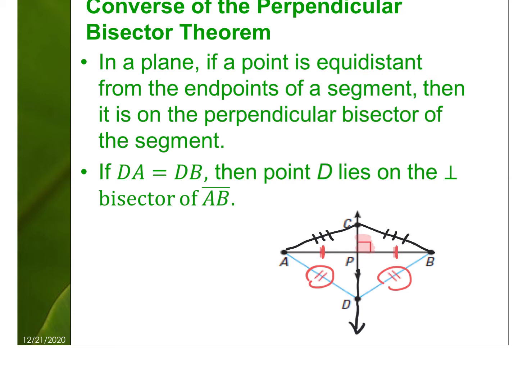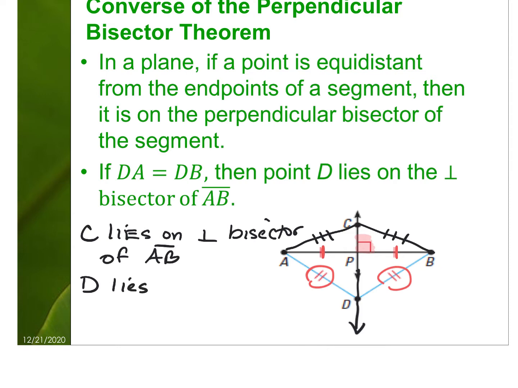Now, different things that I can say about this picture. I could state that C lies on the perpendicular bisector of AB, because again, C is equidistant from A and B. I could also change the point and say that D also lies on the perpendicular bisector of AB.